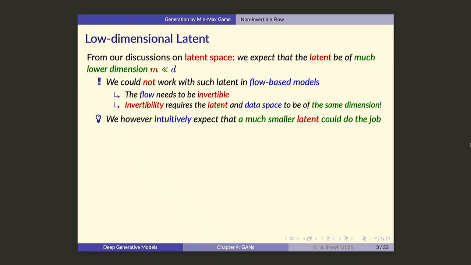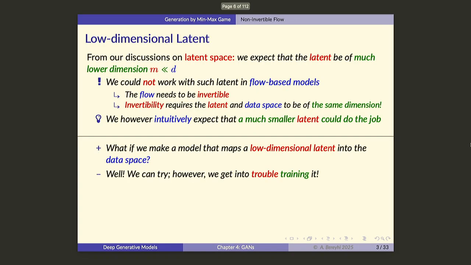If I can compress any MNIST image into an 8-dimensional space, then it makes sense that if I sample from that 8-dimensional space and pass it through one good decompression operation, I'm going to end up with the kind of sample that I'm looking for. This makes sense, but we could not do it up to this point.